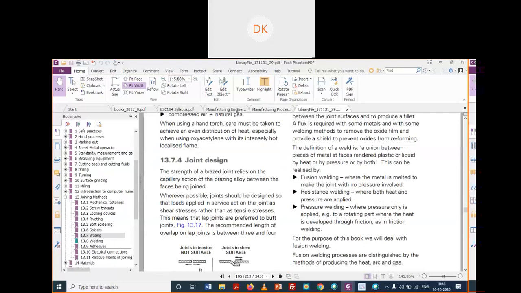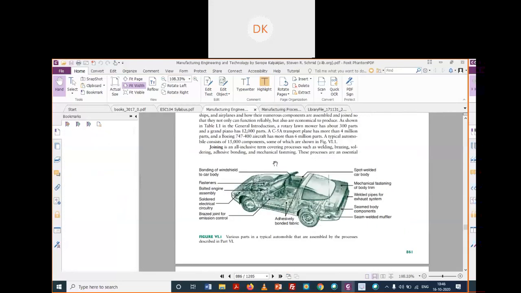First is why the joining process. Before going to the welding process, I would like to take up joining, because welding is nothing but a joining process. So what kind of joining processes are available?